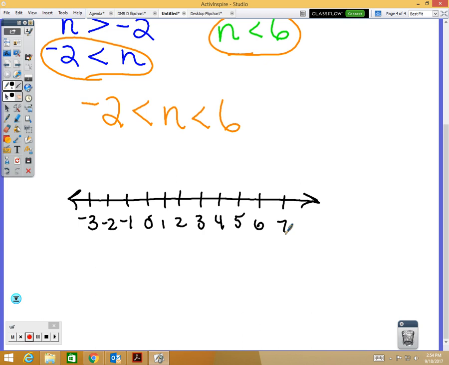Are we going to be using open circles or closed circles? Open. Open at -2. And open at 6. And again, this is a compound. It had the word "and" in it, so it's only this area in between them.